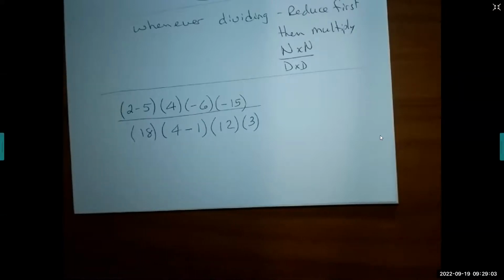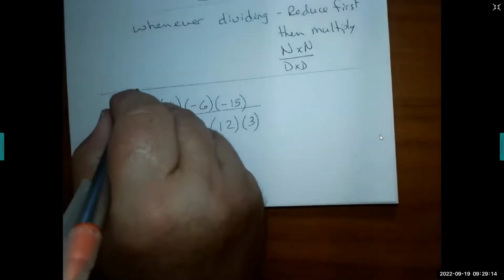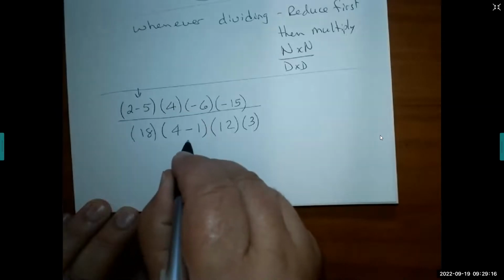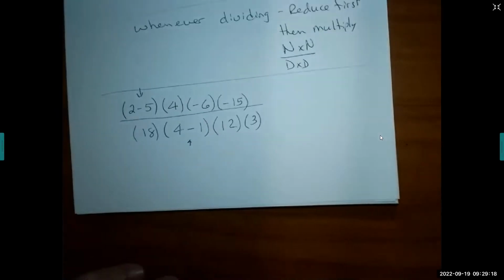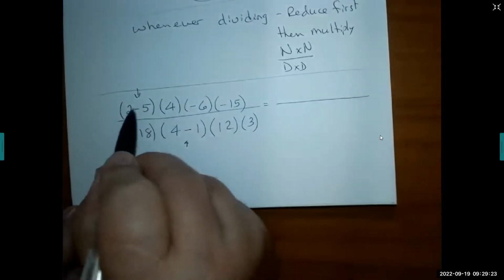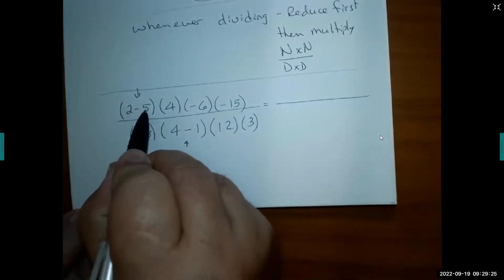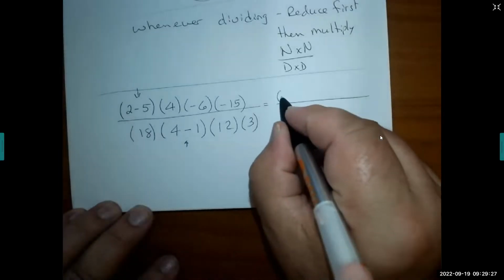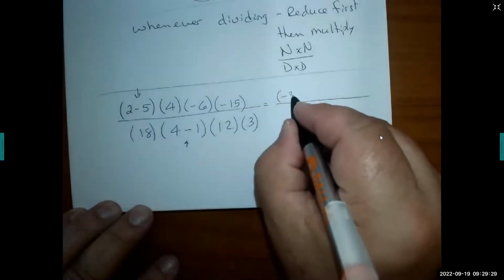Okay, before we can go on with this question, before you can tell me if the answer is positive or negative, what do you have to do first? We have 2 equations that have to be worked on inside the parentheses first. 2 minus 5. Since 5 is bigger than 2, it's negative. 5 minus 2 is 3.